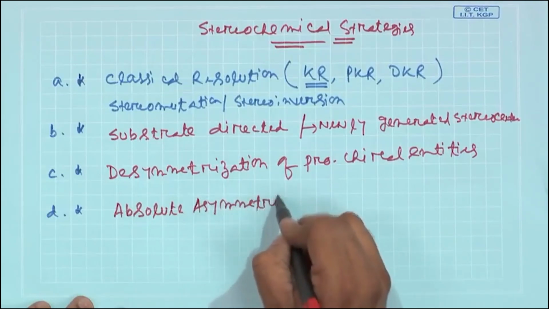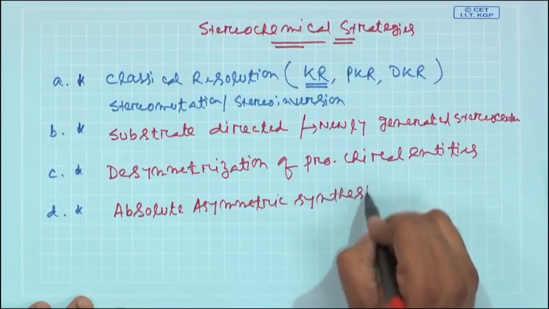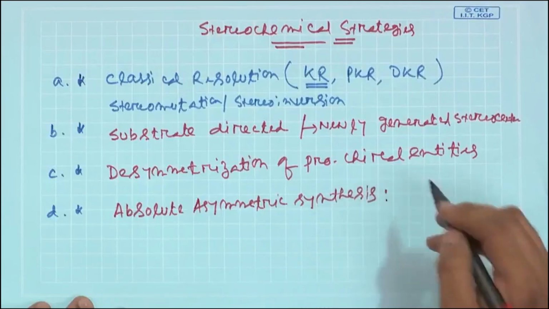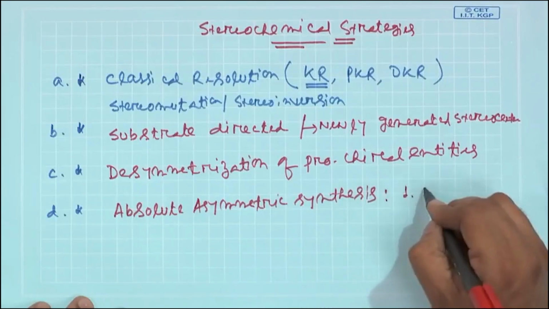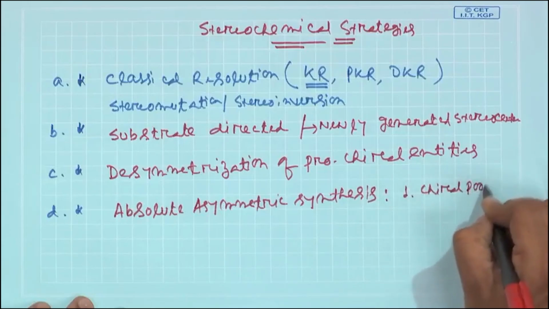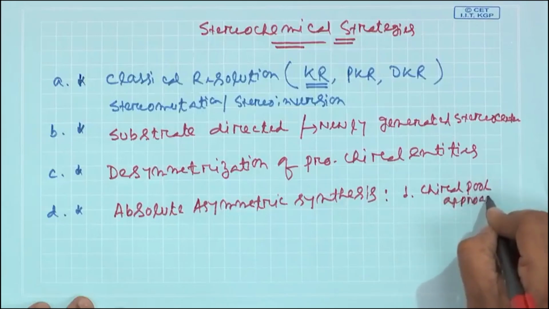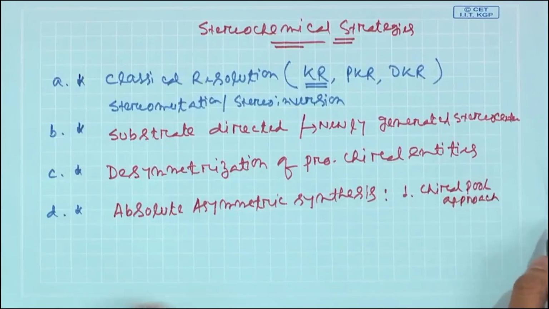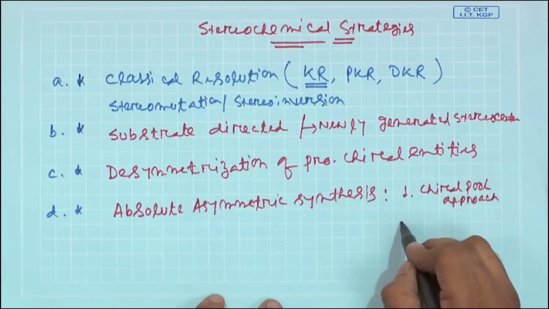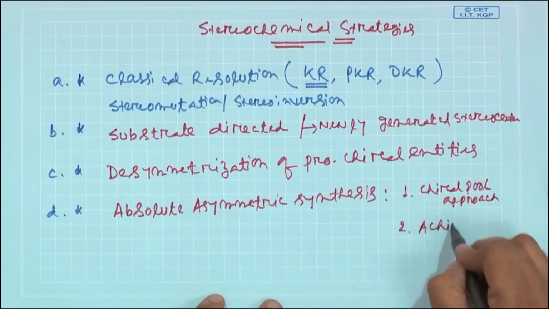This fourth point is the most important and most challenging one, which is again classified into two parts. One is the chiral pool approach. We will explain what the chiral pool approach is a little bit, but we won't go very deep. The second one is starting from an achiral substrate.